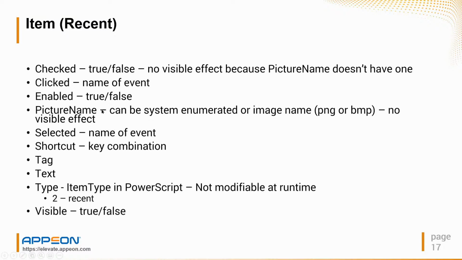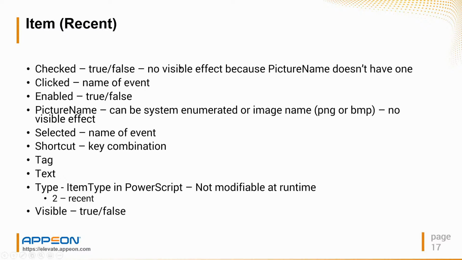A recent item doesn't have, well, it has a picture name property. The picture name property doesn't do anything, so specifying it has no effect. Also, because there's no picture, setting the check property has no effect. Because normally what it would do, at least in a master item, is it would highlight the picture.